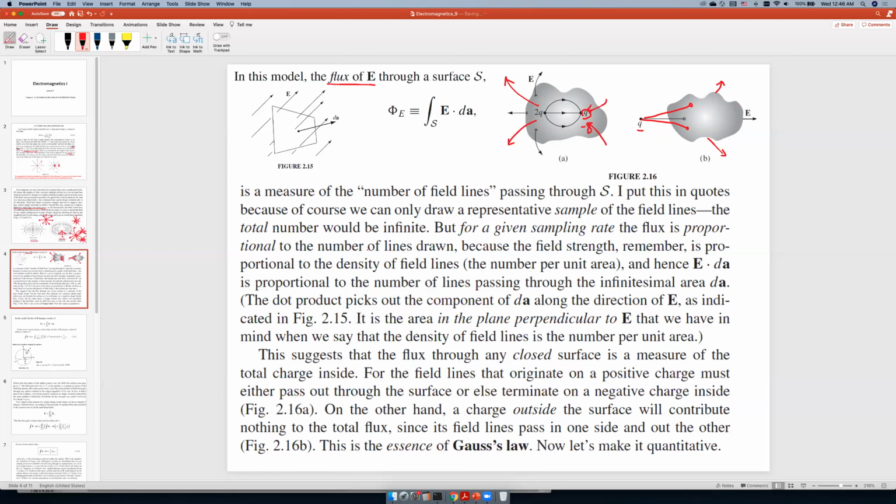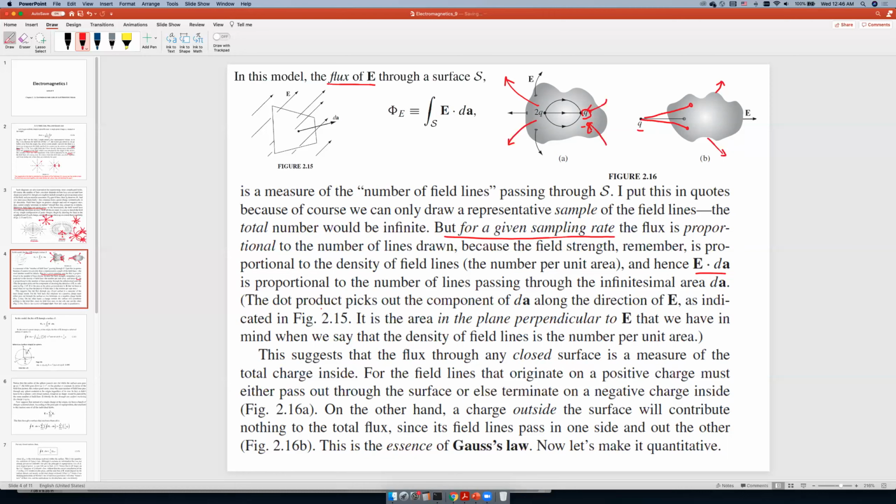Why? Because for a given sampling rate, the flux is proportional to the number of lines drawn, because the field strength is proportional to the density of field lines. So here, E dot dA is proportional to the number of lines passing through the infinitesimal area dA.